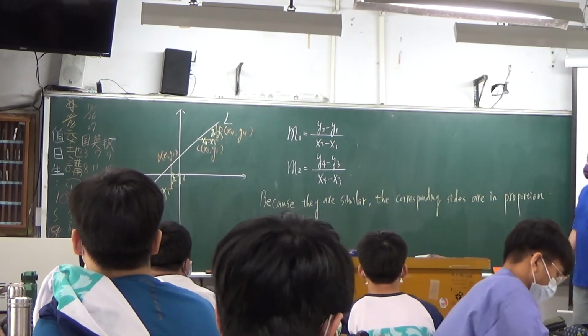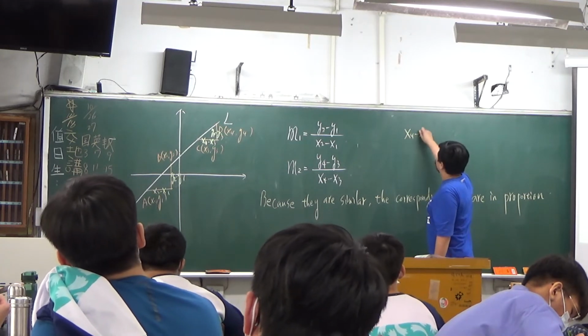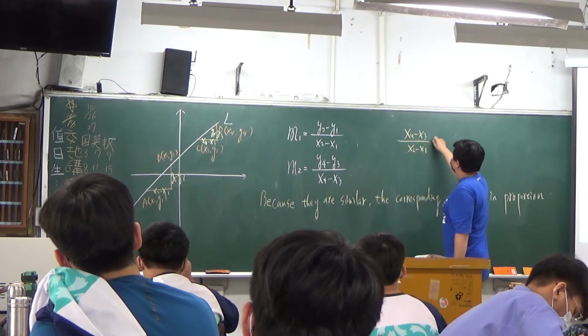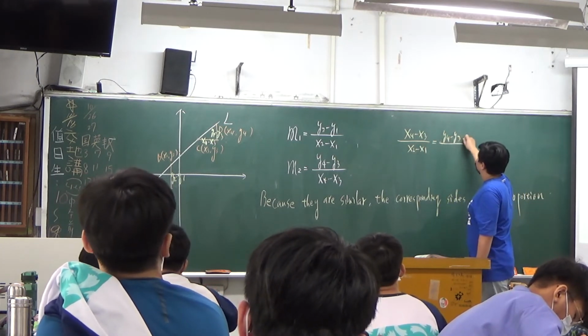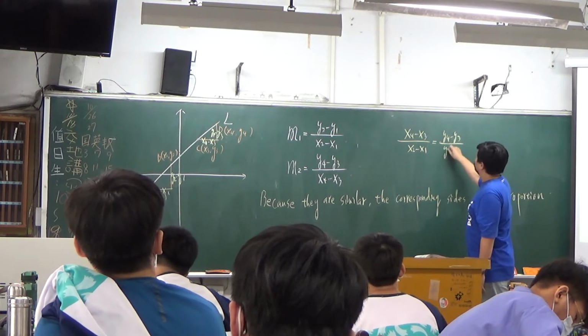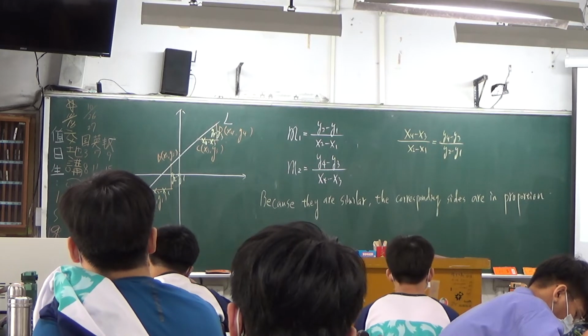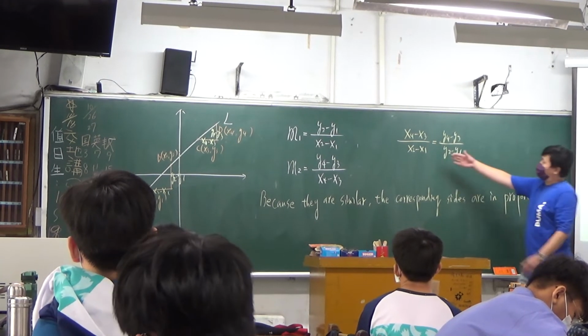So you can see we can get (x4 minus x3) over (x2 minus x1) is equal to (y4 minus y3) over (y2 minus y1), right? Because they are similar, the corresponding sides are in proportion, so we can get the result.